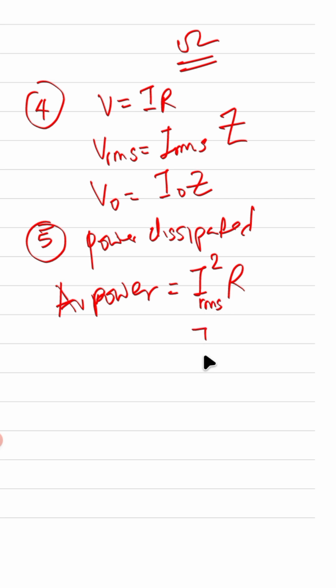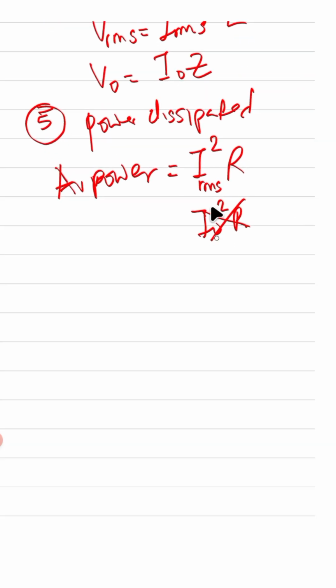So don't go and do I naught squared R, you will miss marks. It is IRMS squared R. Then, there's power dissipation here because there is a resistor in the circuit. We are doing RC, so there will be power dissipated. But the power that is being wasted is not from the capacitor, it's from the resistor. I told you that capacitors don't waste power.